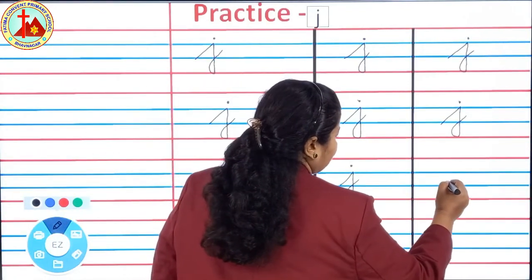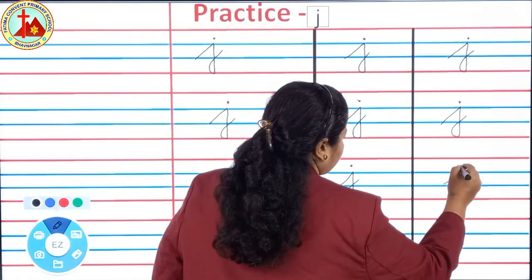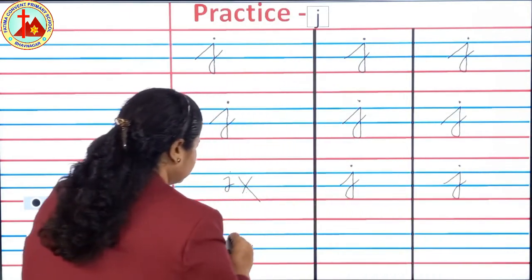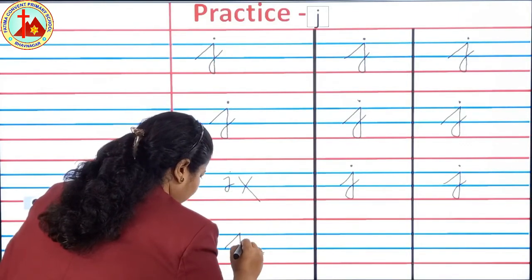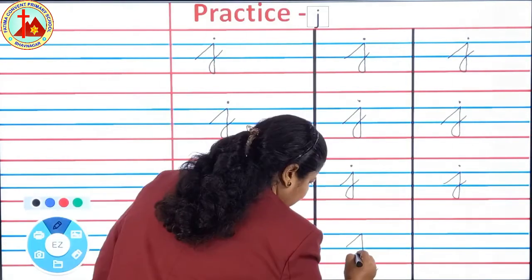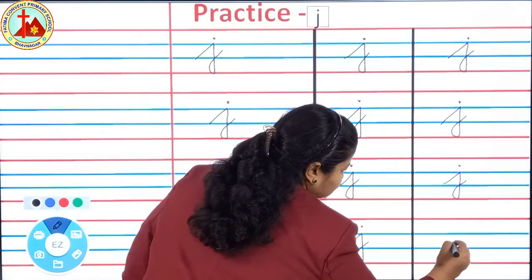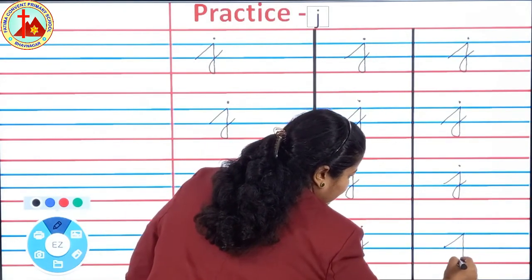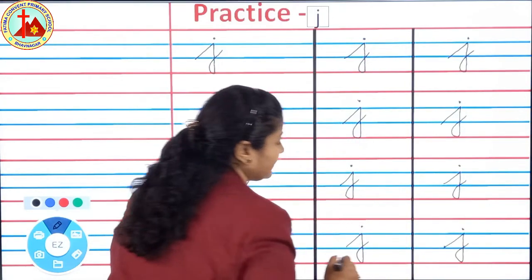Again, slanting line, standing line, loop, dot, J, letter J. Say and write, then you remember how to write J. If you say and write, then you will learn. Slanting line, standing line, small loop, cursive J.